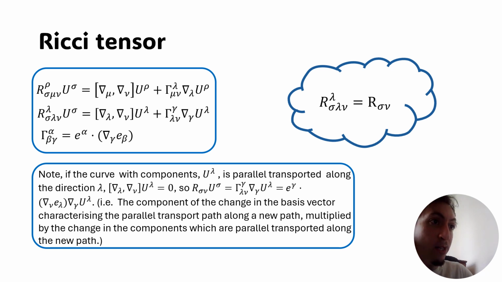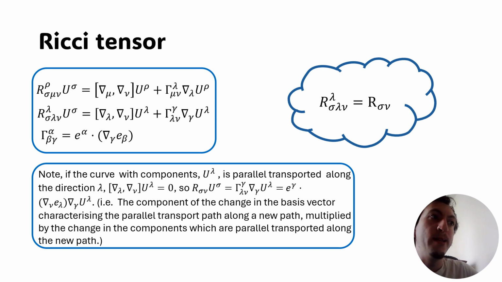And in general relativity, we won't be using the full Riemann curvature tensor because it just has so much information. We don't need all of that information. It will turn out that the Ricci tensor is actually perfectly sufficient for what we want to do.